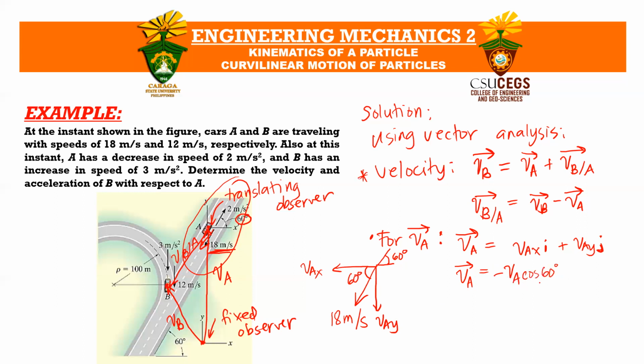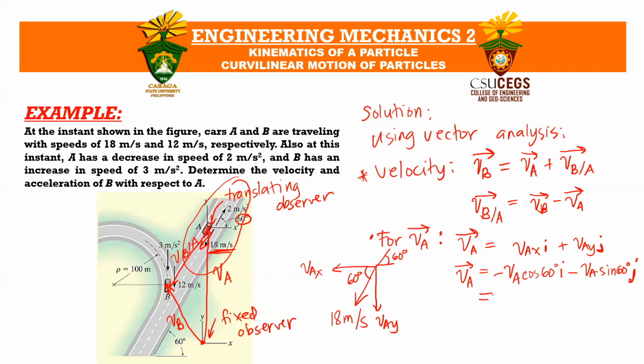I use cosine since the angle 60 degrees is adjacent to your X component, and your Y component would be negative v of A sine 60 degrees since the 60 degrees is opposite to your Y component.